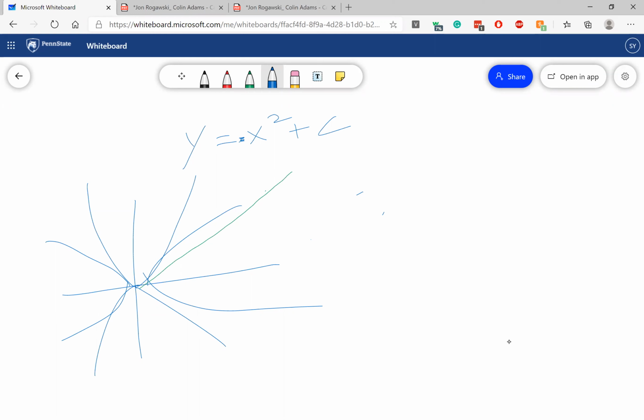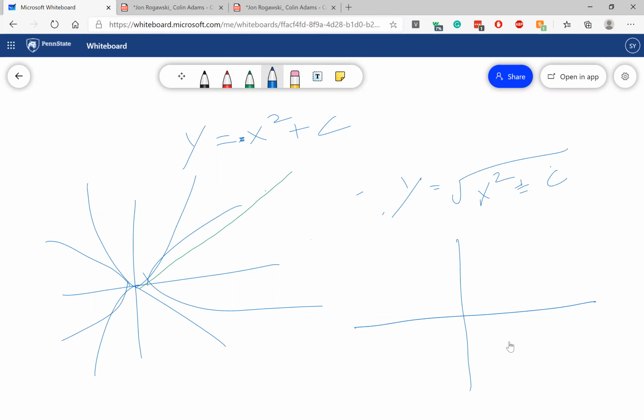The hyperbola, well, we started with an equation that had something like y is equal to square root of x squared plus or minus c. In order to understand how these shapes look, you can first imagine erasing c over here.